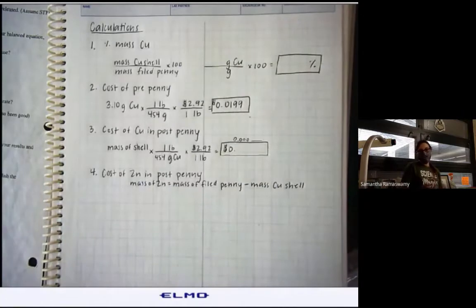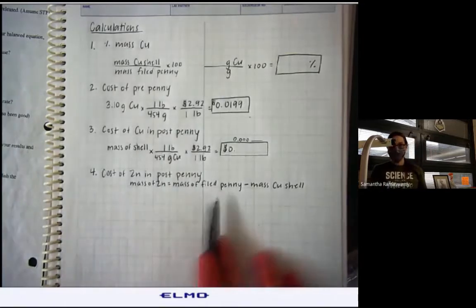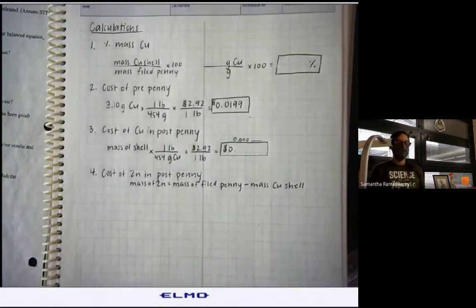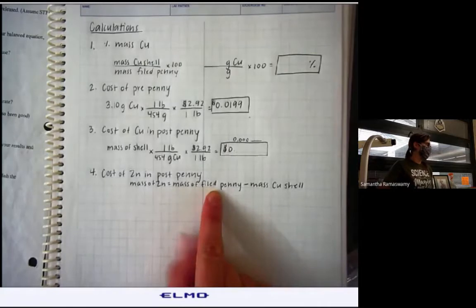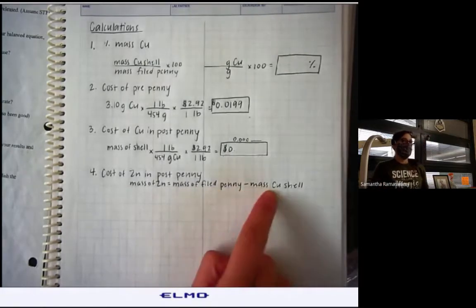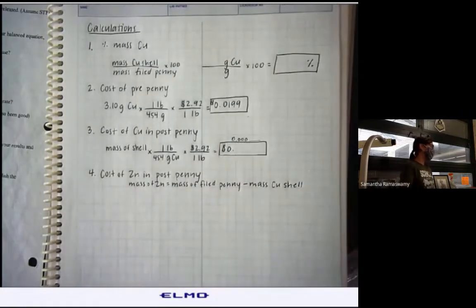So we can find the mass of zinc that reacted in this penny by taking the mass of the filed penny and subtracting the mass of the copper shell. Again, the law of conservation of mass says mass is neither created nor destroyed. So if you start with a specific mass of a penny that consists of just copper and zinc, and you subtract the mass of the copper, you're left with just zinc.